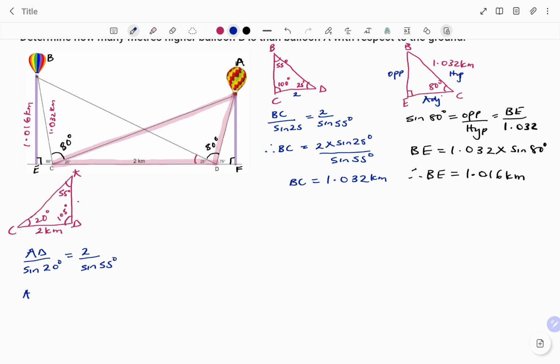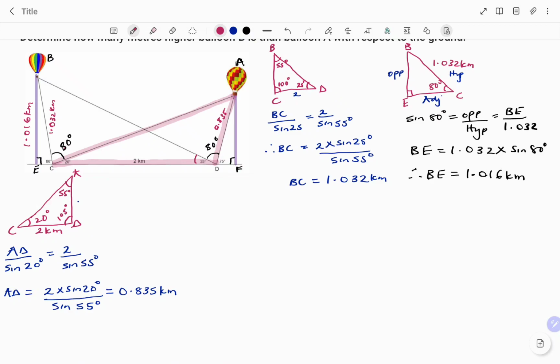Therefore, to find AD, if I cross multiply, I have AD to be 2 times sine 20 degrees divided by sine 55 degrees. And if you punch this in on your calculator, you have it as 0.835 kilometers.